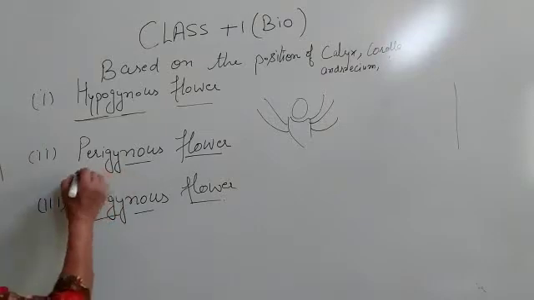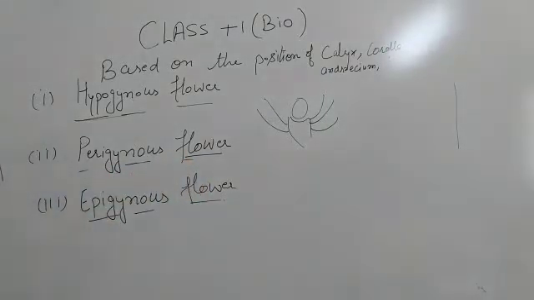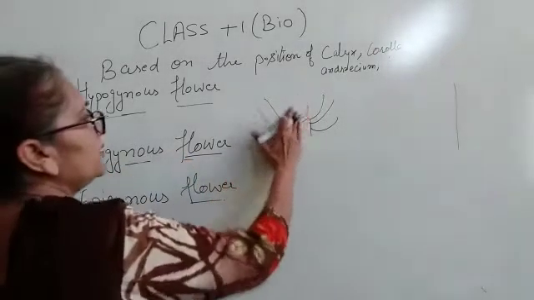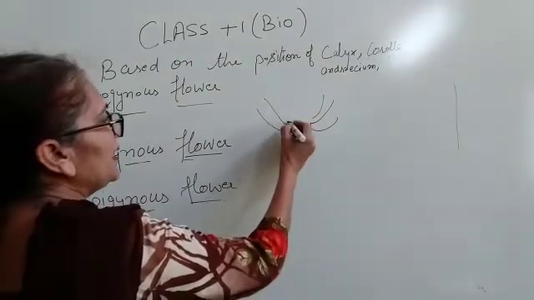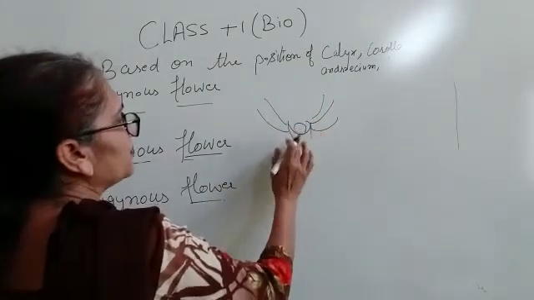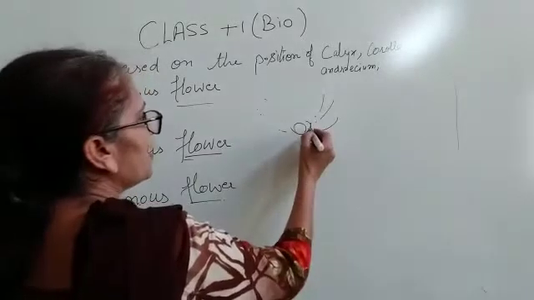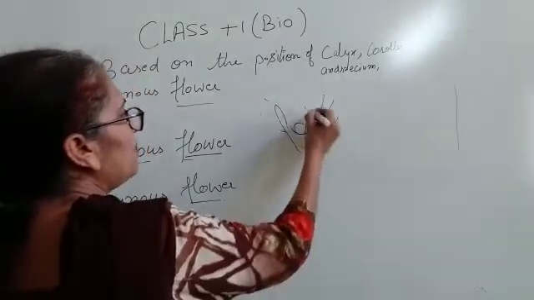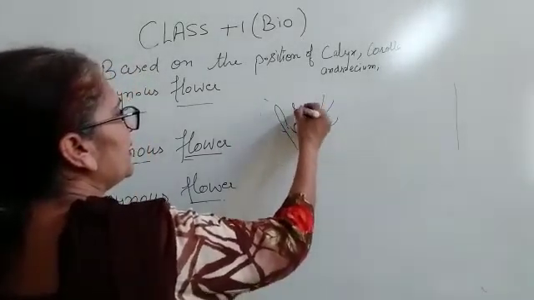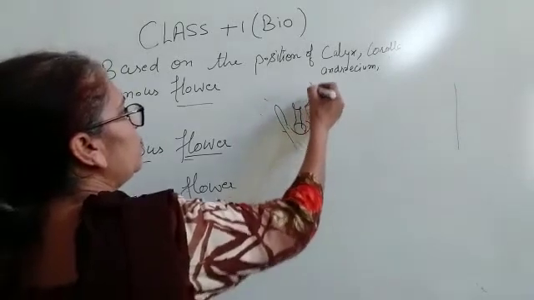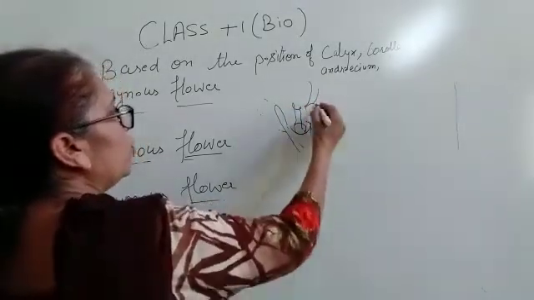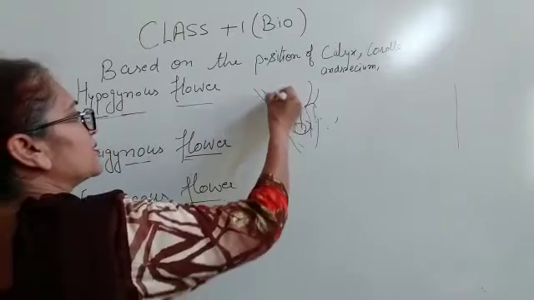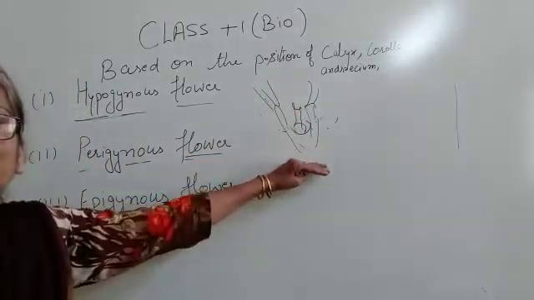Next is perigynous flower. Now in this case, this ovary will just lie in the center, in this part, and these parts will just grow above. The ovary comes below, like this, and the parts will grow from there. Clear? The ovary will lie below these parts.